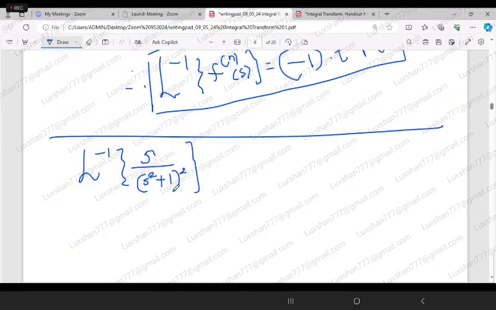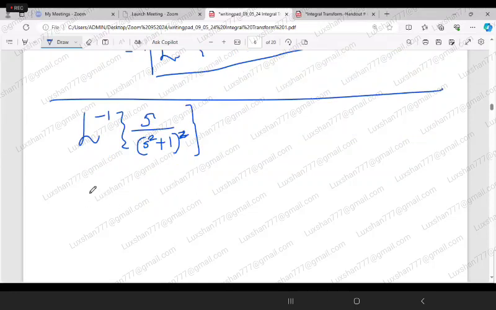We don't have any direct form of this kind; we haven't seen any direct Laplace transform like this, because here we have the square. Therefore, we have to think of an alternative.